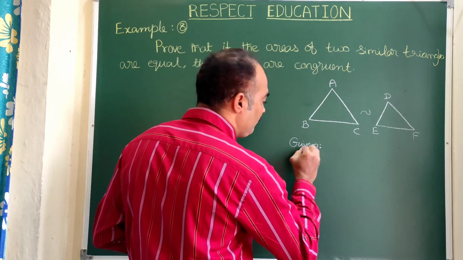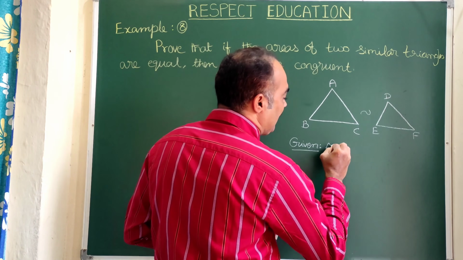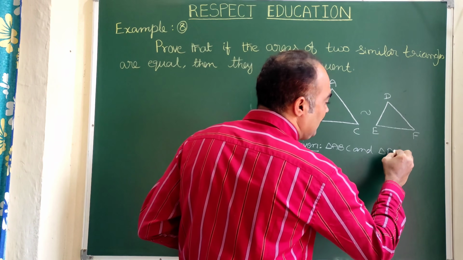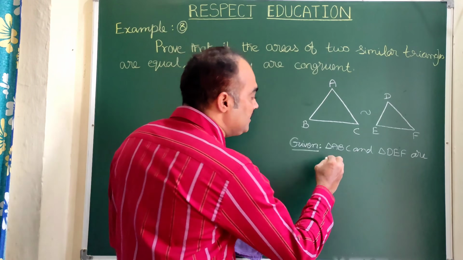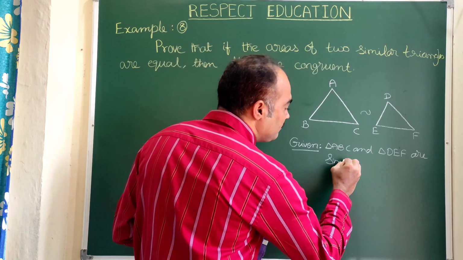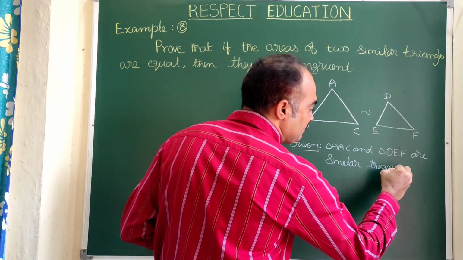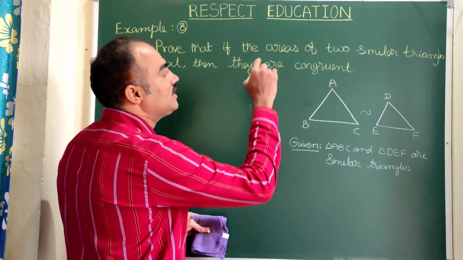Given, we can say triangle ABC and triangle DEF are similar triangles. And also given their areas are equal.